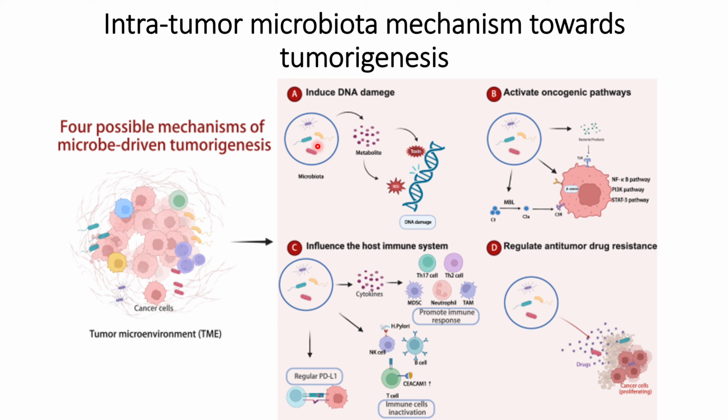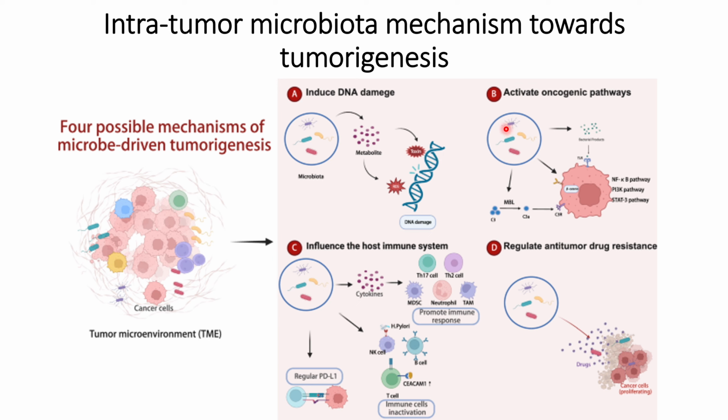For example, the PSK proteins released by E. coli can help in DNA damage. In many cancers, E. coli has also been found in the intratumoral microbiota, so that can also help in this DNA damage of the tumor cells.